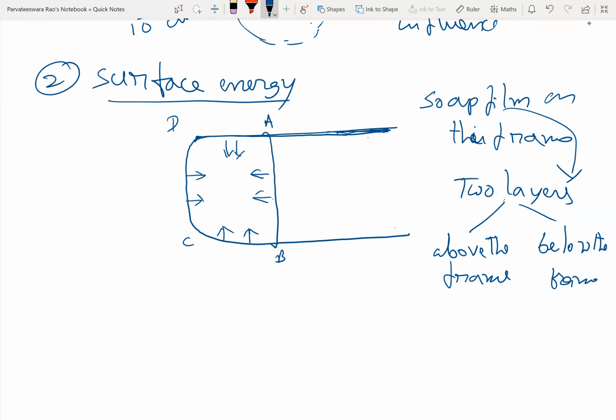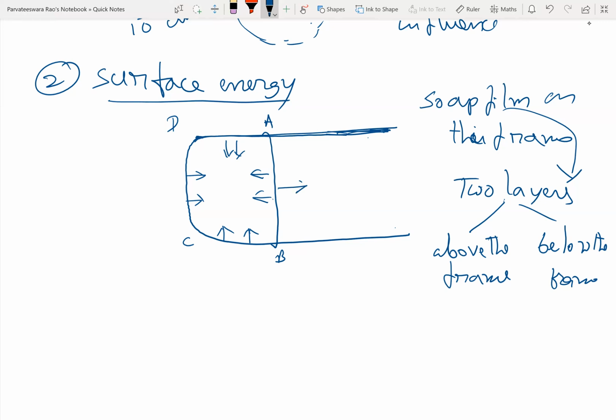All these properties are because of the tendency of the liquid surface to acquire the least possible surface area. So the surface tension forces will be acting inwards, because AD, CD, BC are fixed, not movable. AB is movable, so we will find the sliding wire AB gently moving inwards.